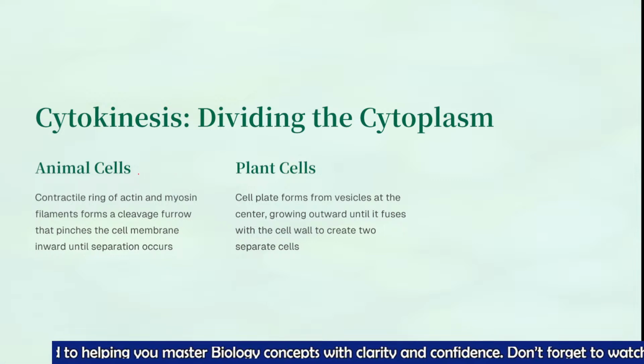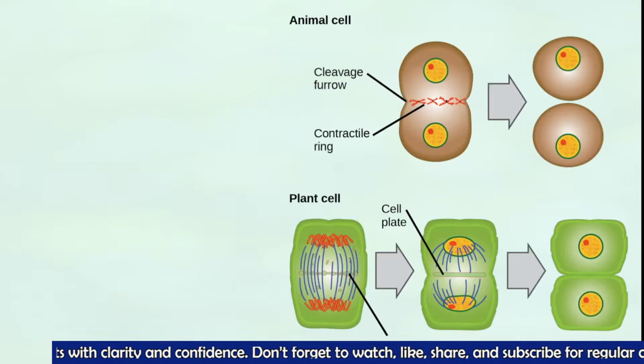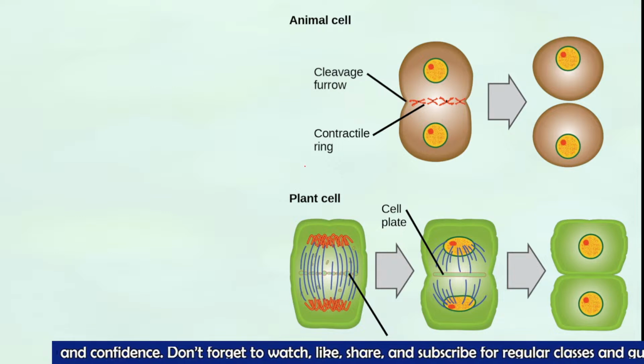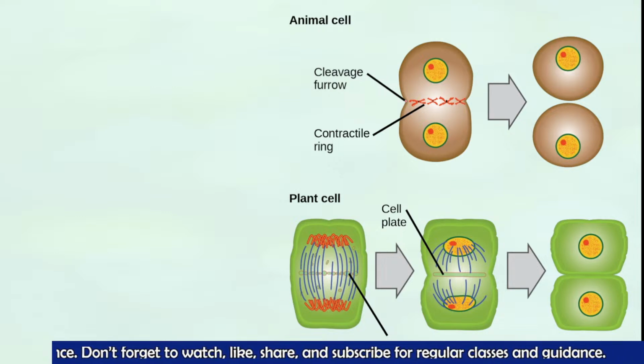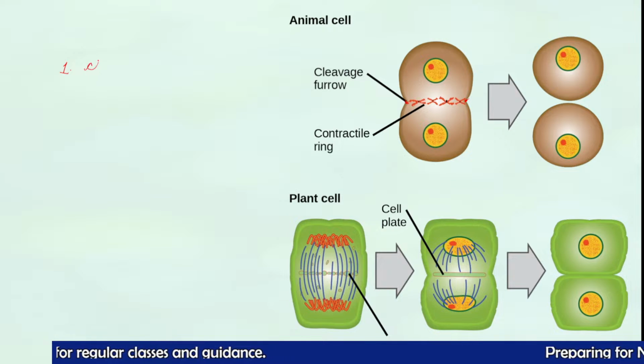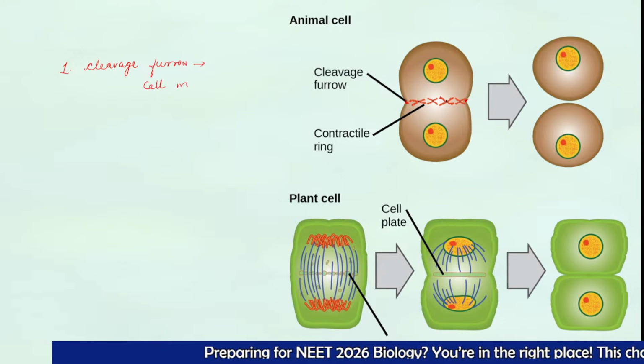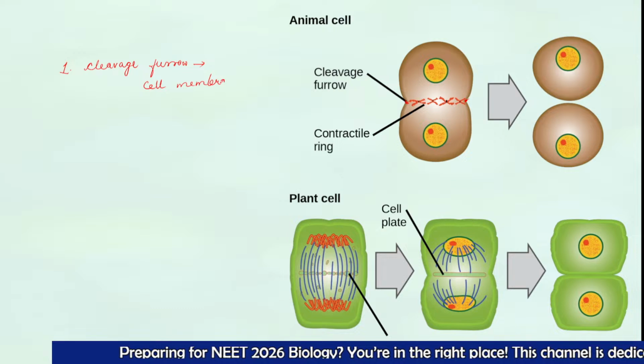When you compare the animal cell and plant cell, there is some difference in cytokinesis. Just have a look at these two diagrams. In the animal cell, first there is cleavage furrow formation taking place from the cell membrane.